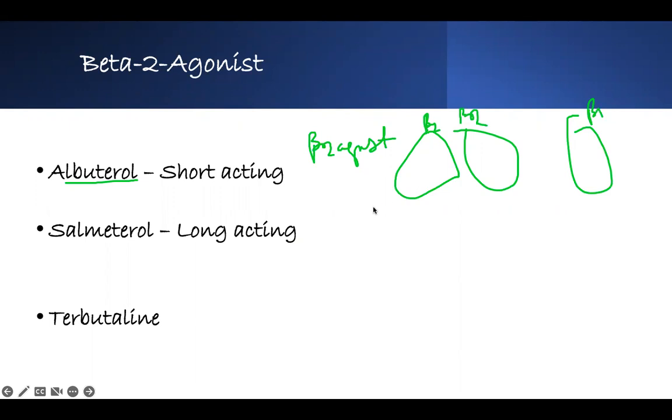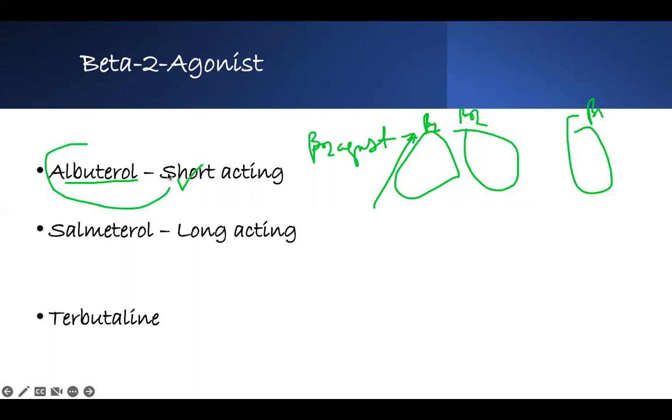So these beta agonists help with the smooth muscle relaxation. So the albuterol comes and binds to that, relaxes the smooth muscle and opens the airway from the constriction, and then air can go in. So that is the way they do their thing.